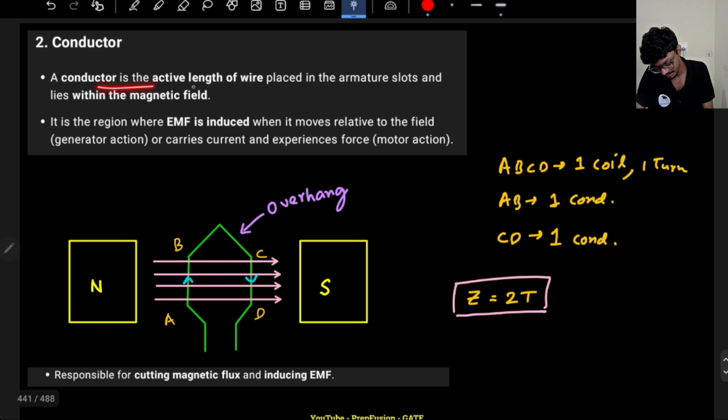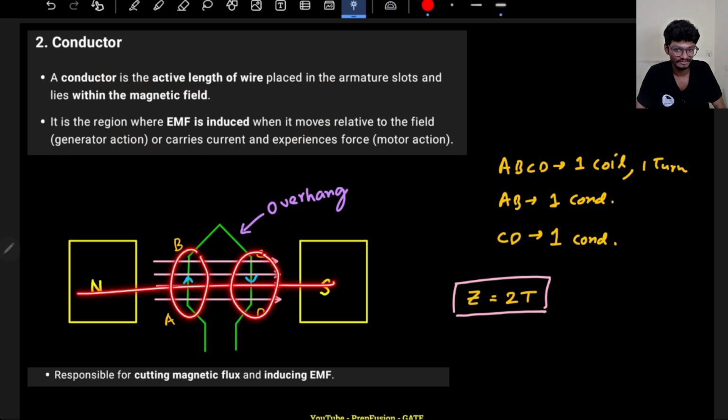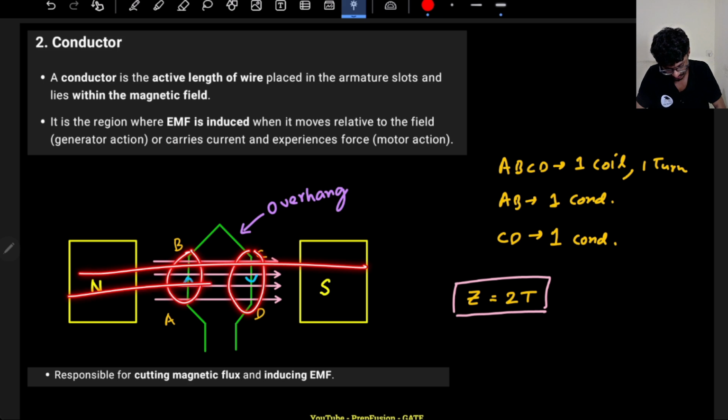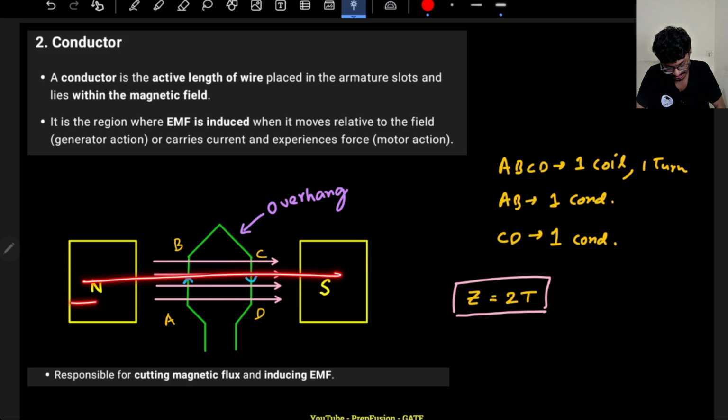A conductor is the active length. What is a conductor? We have already discussed. The active length that takes participation in the magnetic flux interaction and the current flow, right? Because north and south pole will be here. Only this much length will take participation in the field lines cutting the conductor and producing torque. This much will not take participation. This is actually called overhang.